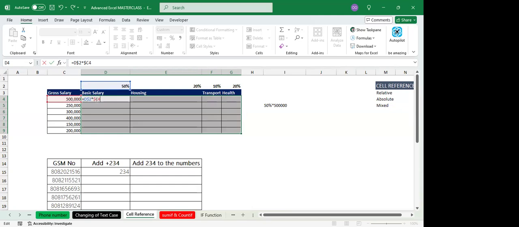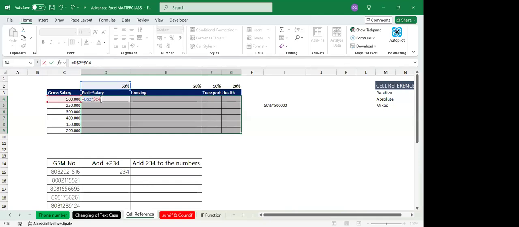Now, on the second one, I'm saying that this C4, which is this 500, cannot move like this, because I don't want it to. If it moves like this, by the time I move to this place, it's going to be picking the new value that we'll have on this cell after I said equals to.